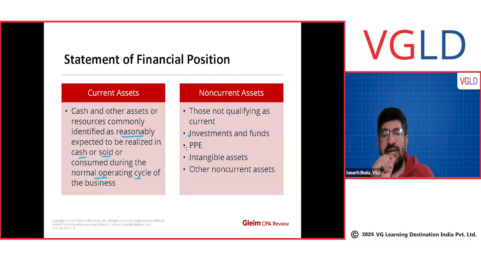So what is an operating cycle? Can anybody please let me know what an operating cycle is? And one more question: whether the operating cycle is always less than 12 months or it can be more than 12 months as well. And if it is more than 12 months, do we consider the assets as current assets or treat them as non-current assets?